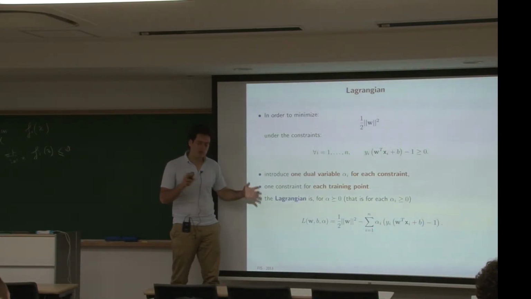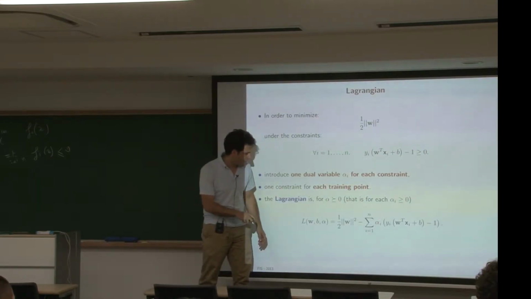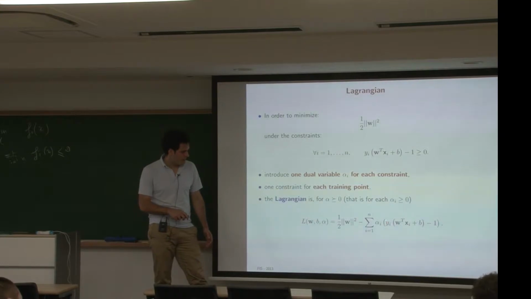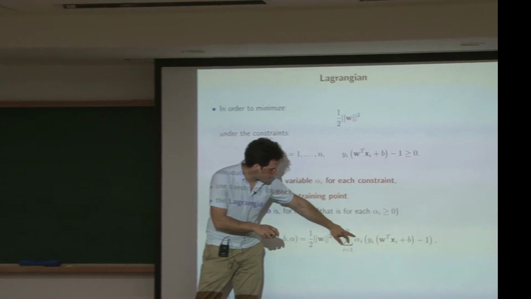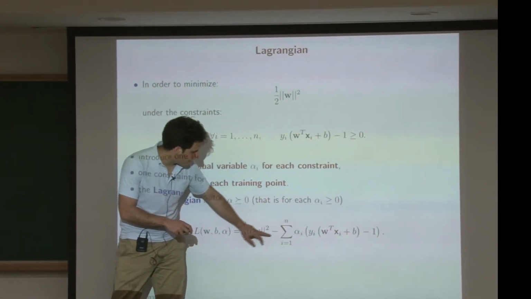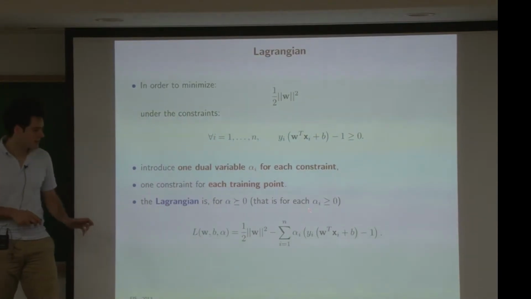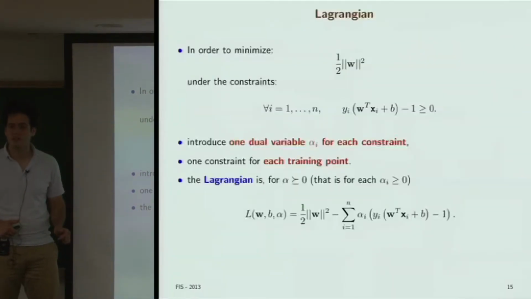If, on the other hand, no, let's not say infinite, let's say very, very large. If this alpha i is very, very large, let's say 10 million, you will see that there is a very high price if this is negative, right? Because the objective will be 10 million times something which is negative, minus, so that becomes positive. So there's no way that this particular constraint will be violated.